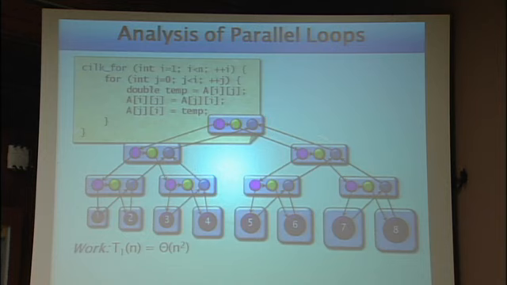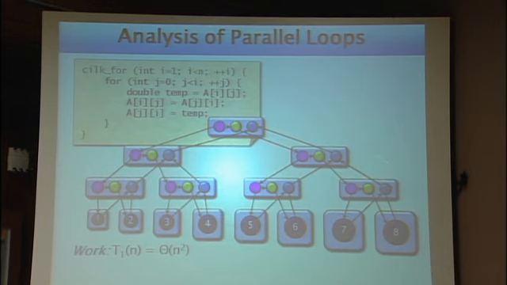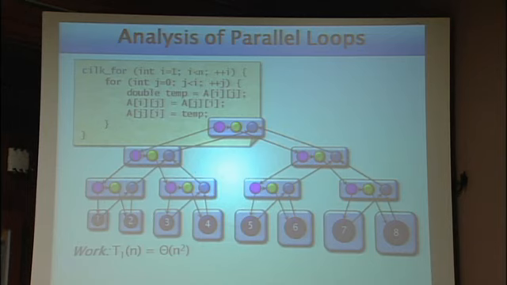What about this part up here? How much does that cost us for work? How much is in the control overhead of doing that outer loop? Asymptotically, how much is in here?